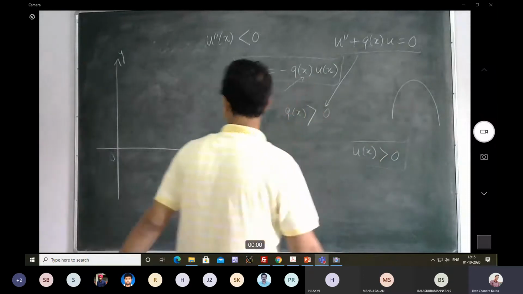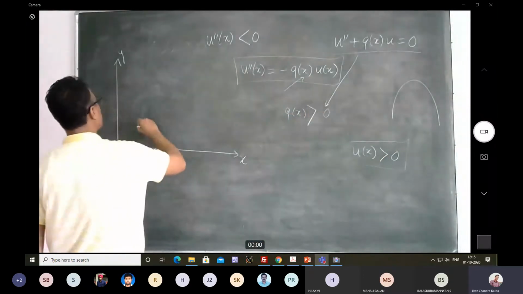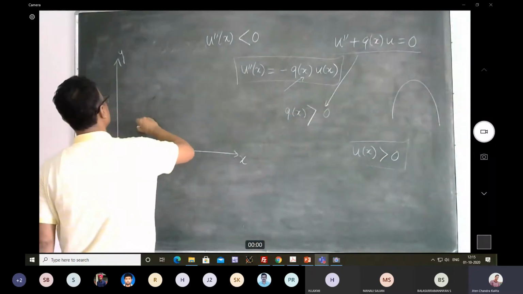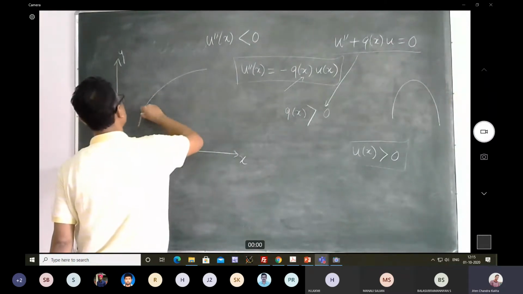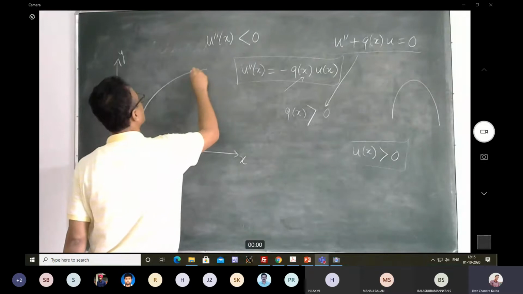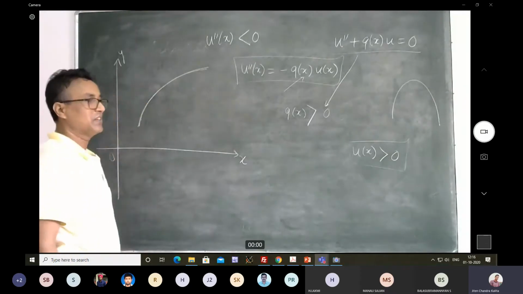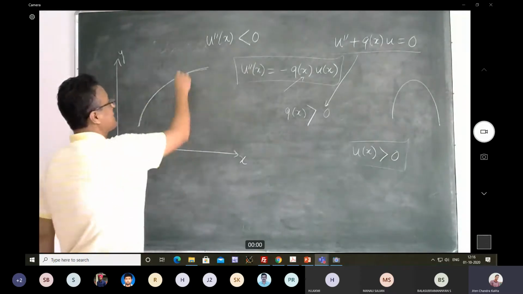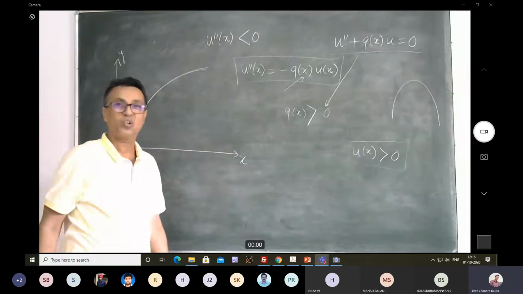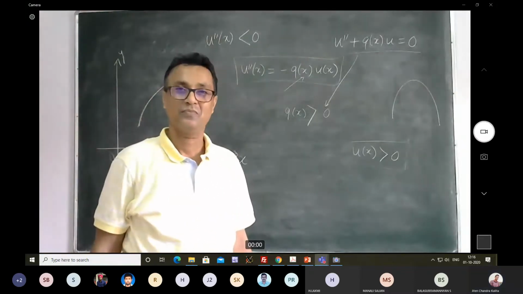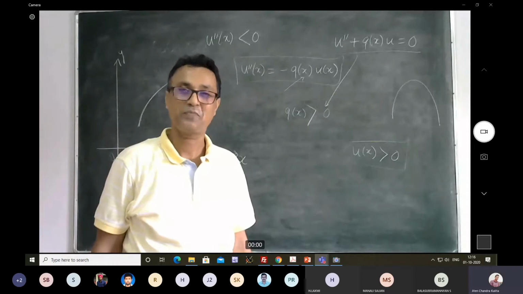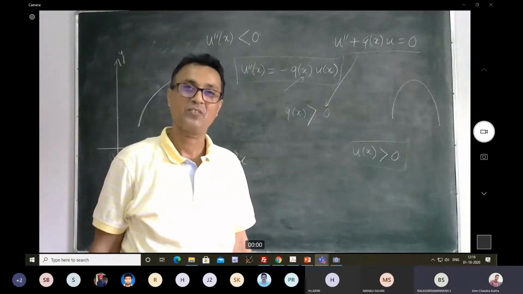The case may be that it goes on and on like this, never crossing the x-axis at all. I may have a possibility like that, isn't it? Yes, sir.